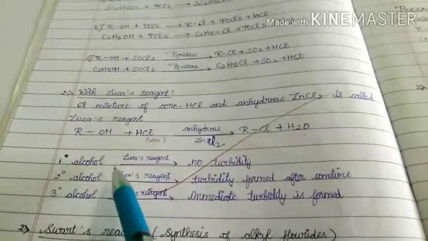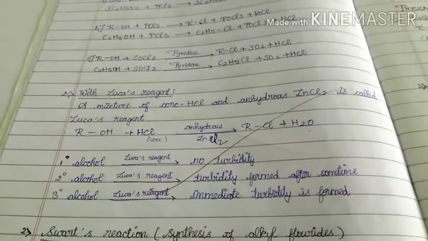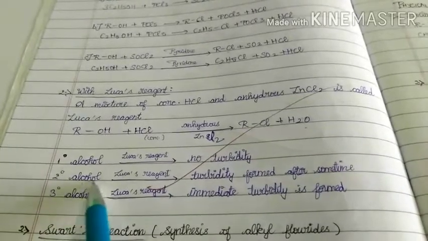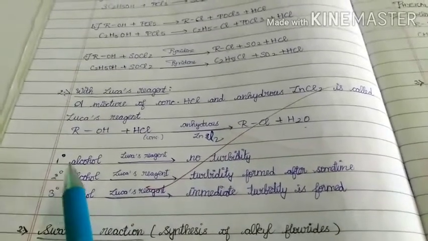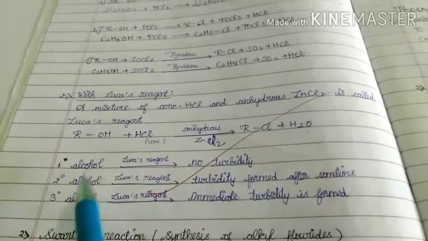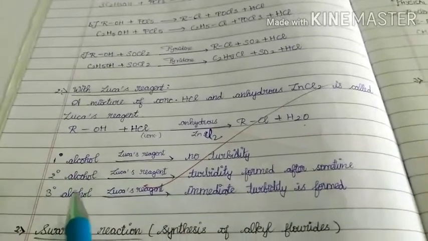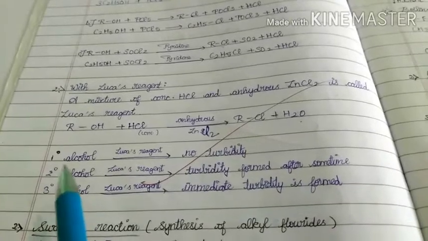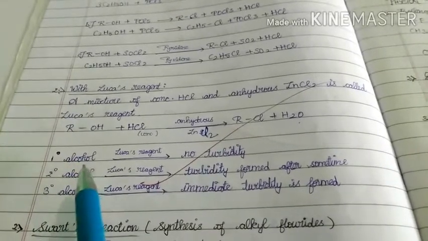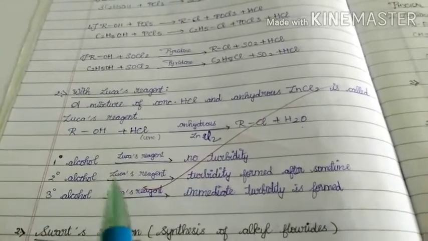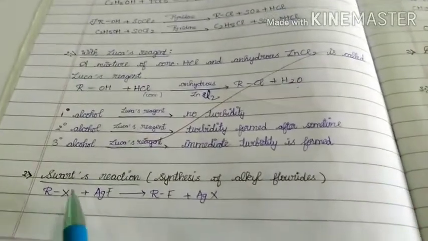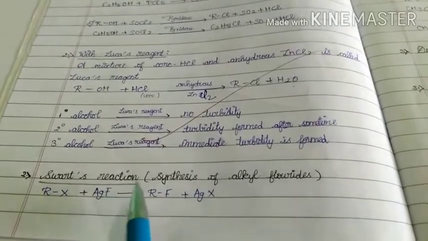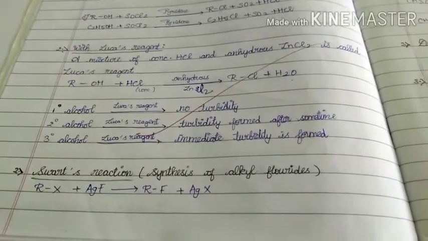So from all these points, we can say that tertiary alcohol reactivity is more than secondary alcohol, which is more than primary alcohol. We will discuss why later. You just remember until then. Next reaction is the Swarts reaction. This is also called a named reaction.